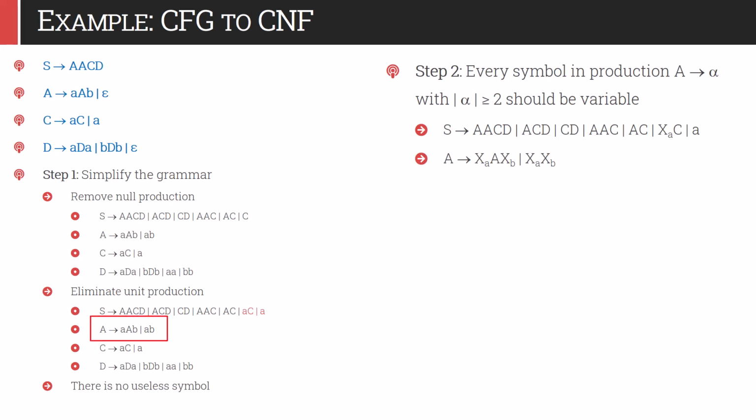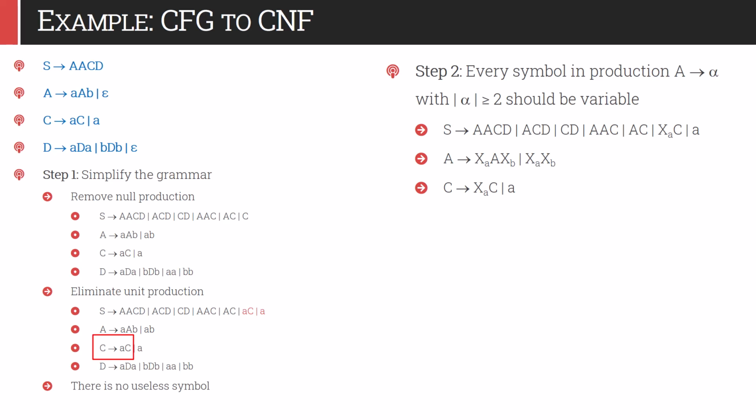In the production A derives small a, capital A, small b, there are 3 symbols and there are 2 terminal symbols. So both the terminal symbols we have to replace by non-terminals or variables. So small a we are replacing by capital Xa and small b we are replacing by capital Xb. Similarly, C derives aC here.